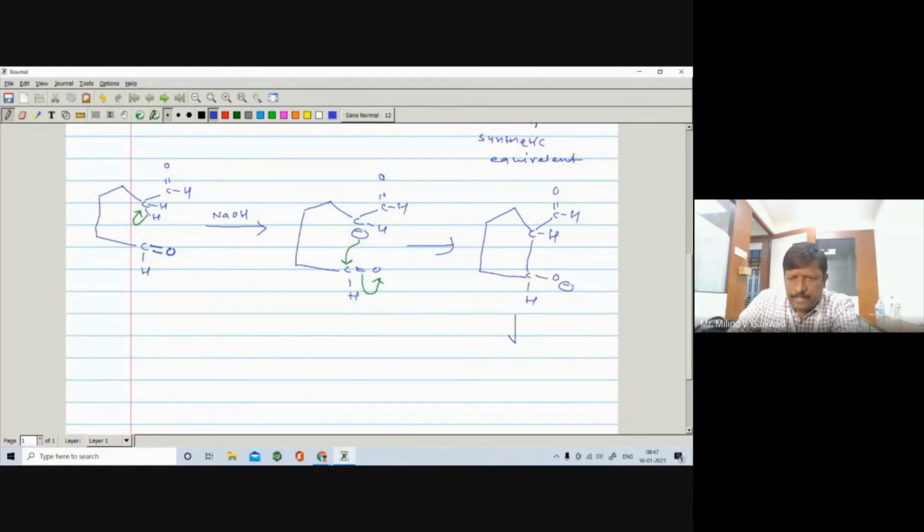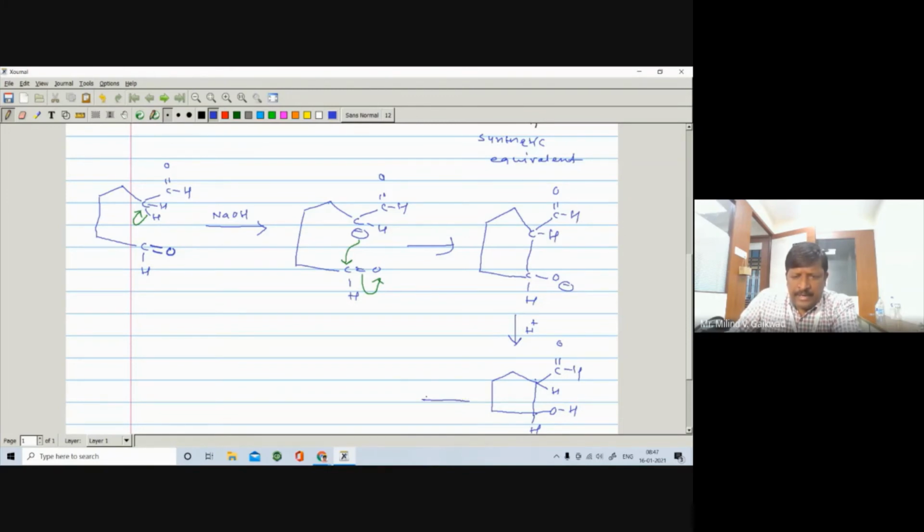Further, it undergoes protonation. O becomes negative and you get such a type of product. I will just write it like this one. Here is a O, here is a H, here is a H, here is a H, and here is a C double bond O and H.